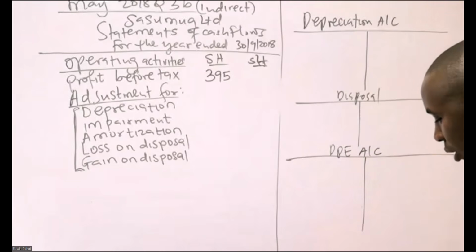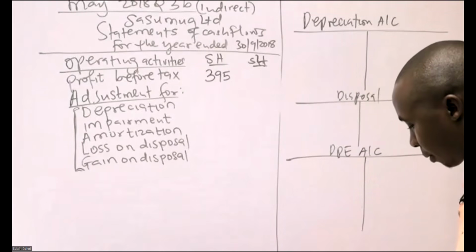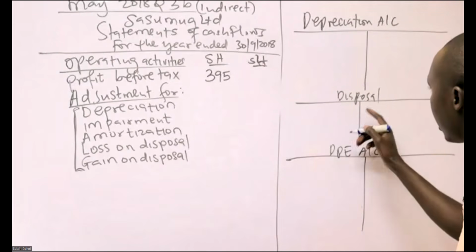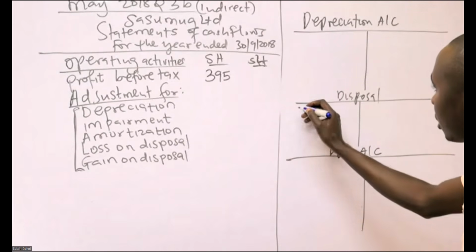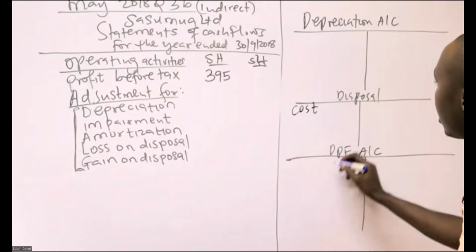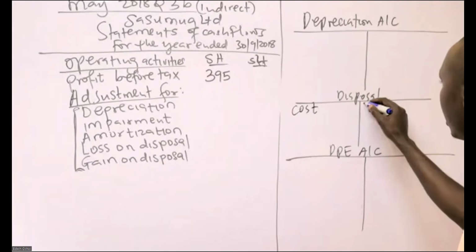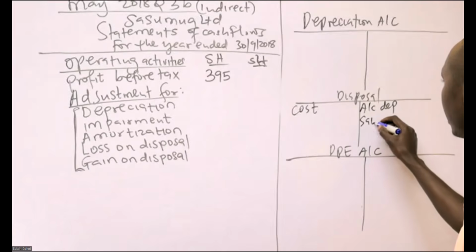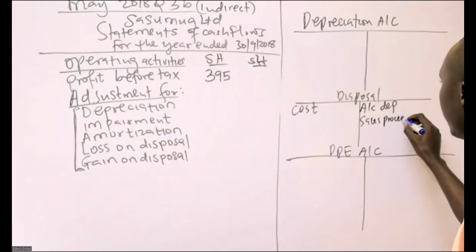For the disposal account, it's a standard account, whereby you have the cost of the asset which they disposed, you have the accumulated depreciation, and you have the sales proceeds. This is very standard.